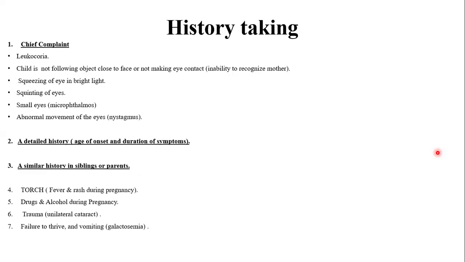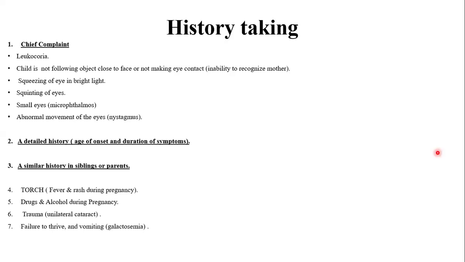Even in very small children, you might have unilateral traumatic cases.